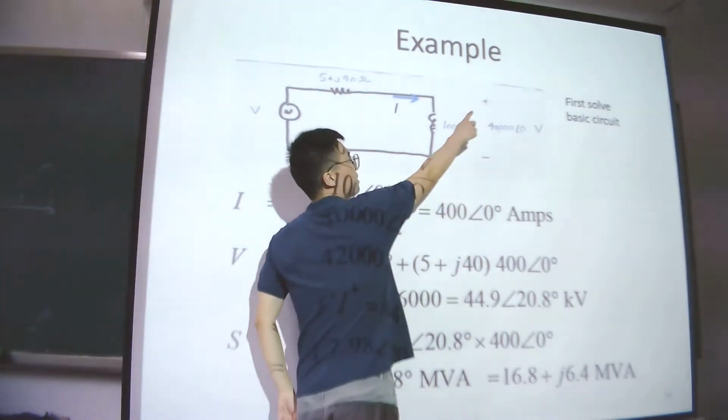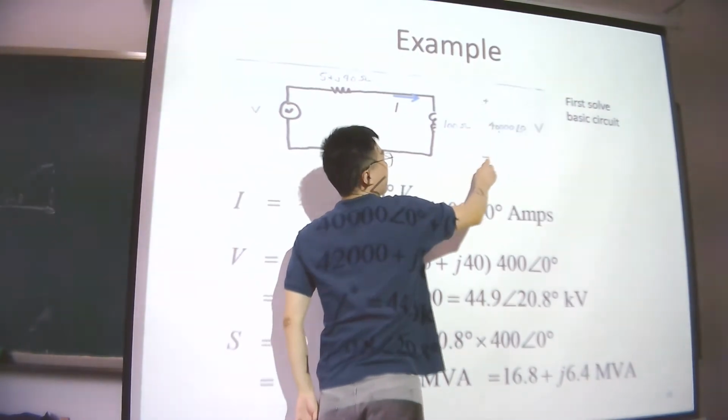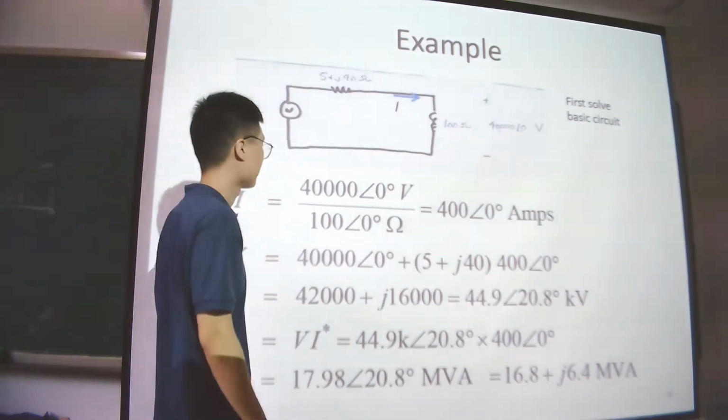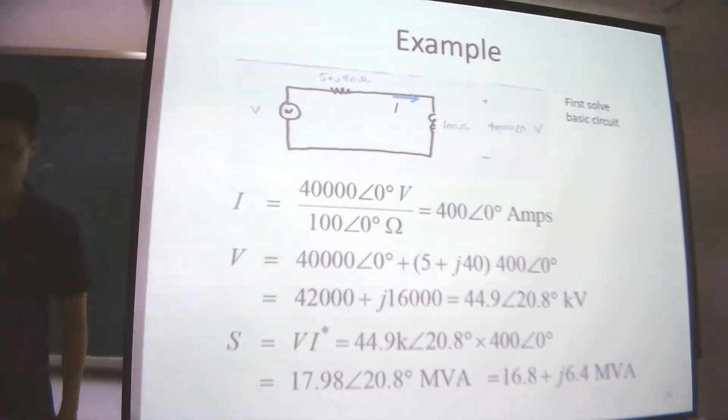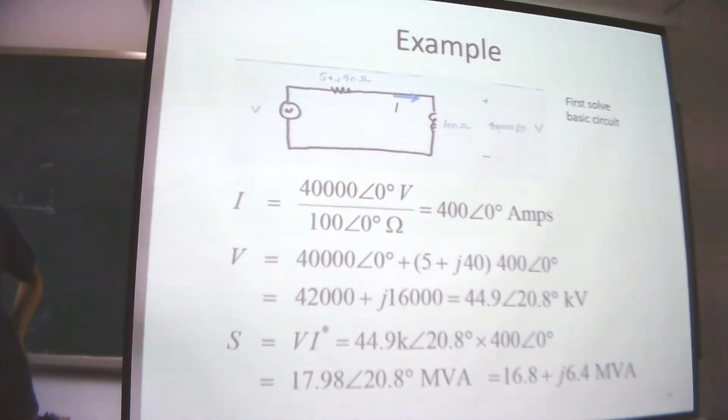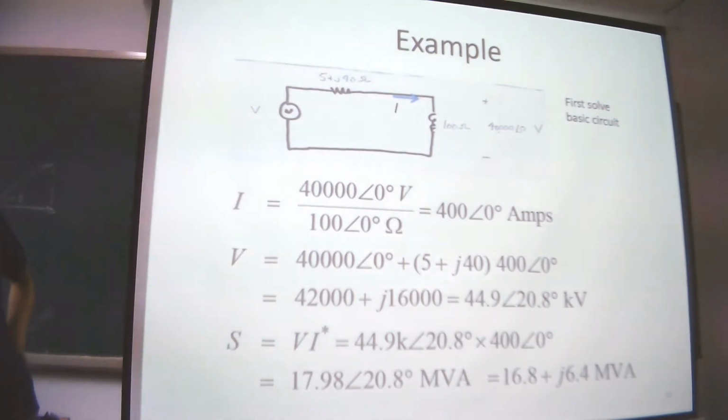Because this voltage is negative like this. Okay, again, try. The current is pretty easy, because there are no angles, all the angles are 0. But the voltage is different.